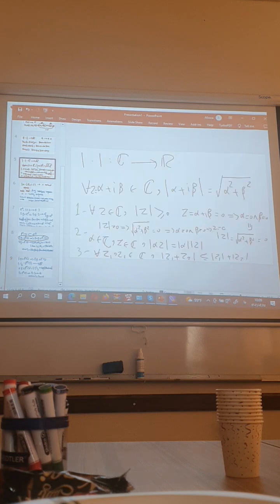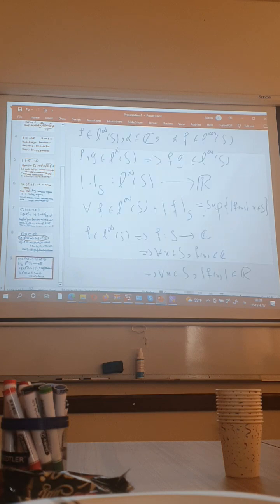We define the absolute value of any complex number like this. This is a real number, so all of these are real numbers. And this supremum is an element of real numbers because f is bounded, because all of these f of x are less than m. Please note that.